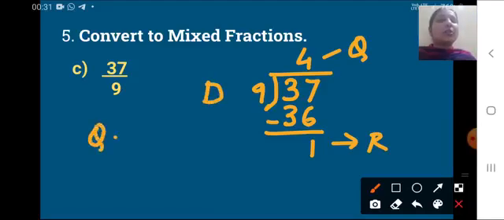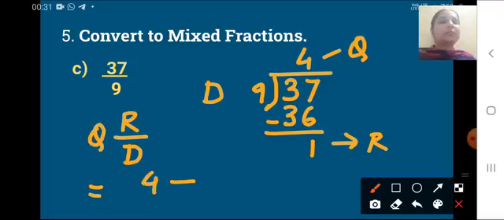So Q R upon D, where Q stands for quotient, R stands for remainder, and D stands for divisor. So what is quotient here? 4, remainder is 1, and divisor is 9. So the answer is 4 whole 1 upon 9, which is the mixed fraction for 37 upon 9.